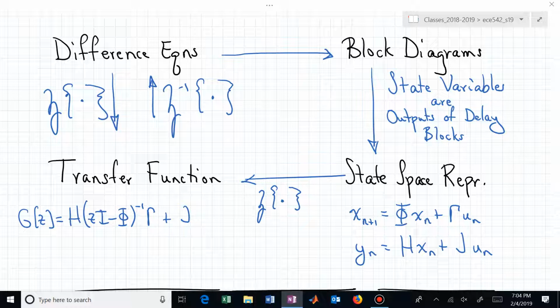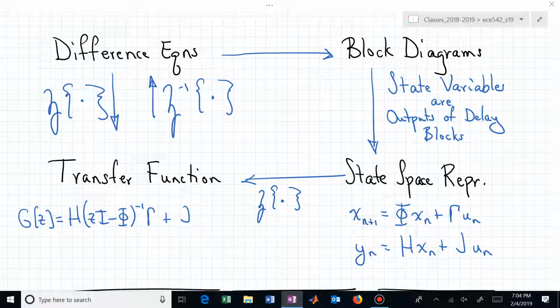You could actually z-transform the difference equations, or you could start with the state space representation and z-transform that and end up with this expression for G(z) in terms of these system matrices, Phi, Gamma, H, and J.